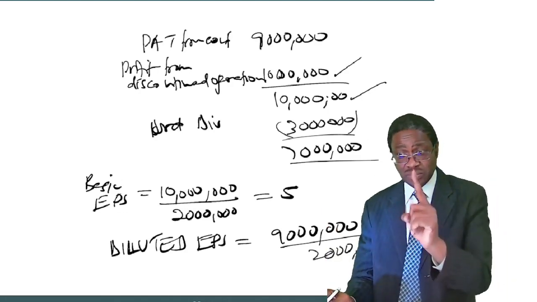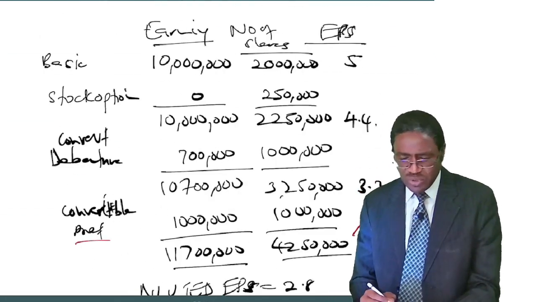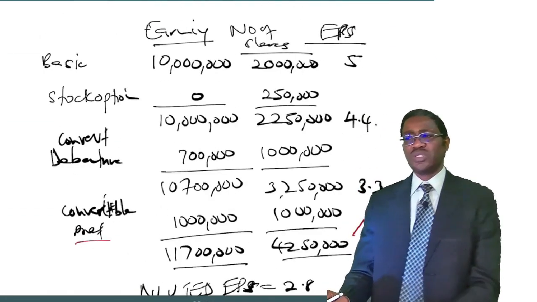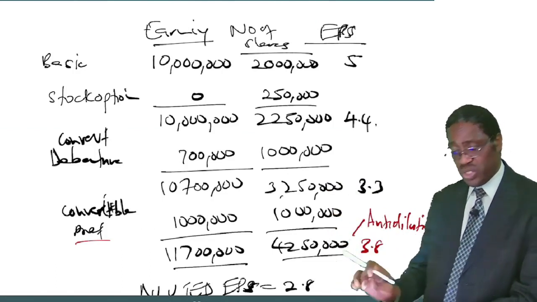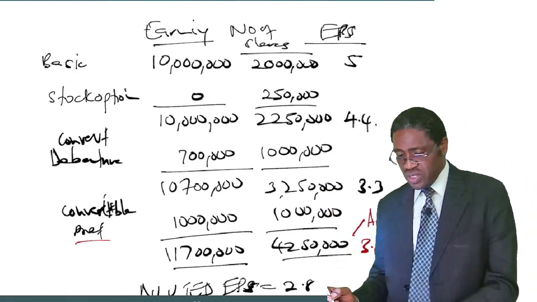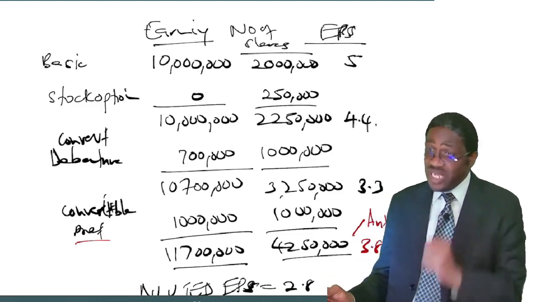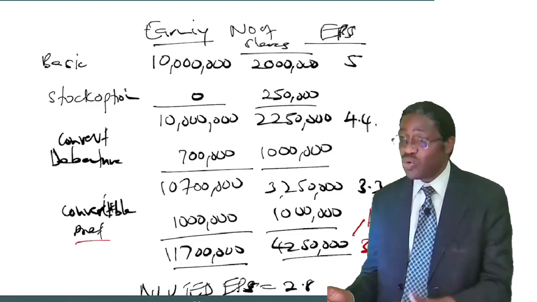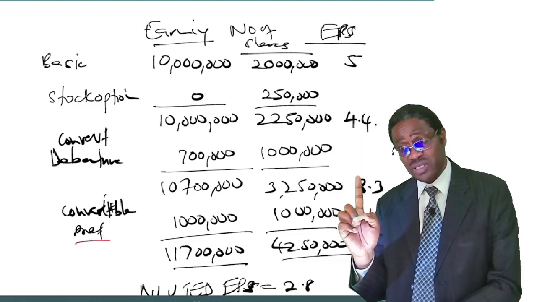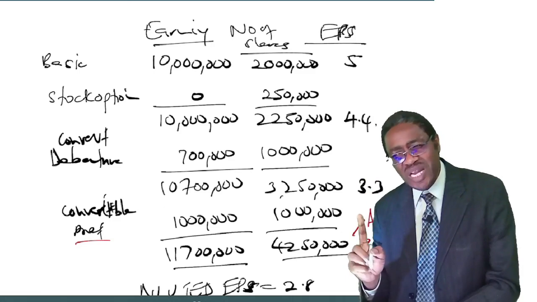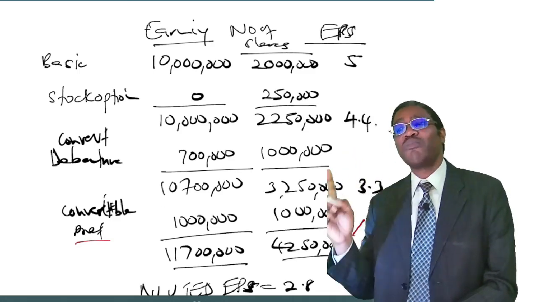Now listen. Meaning, when you come to this table, you are given the other income statement, which is what I've given you down there. Now that we are trying to compute the diluted EPS, it's true that for basic EPS we use 10, but our 10 million includes profit from discontinued.